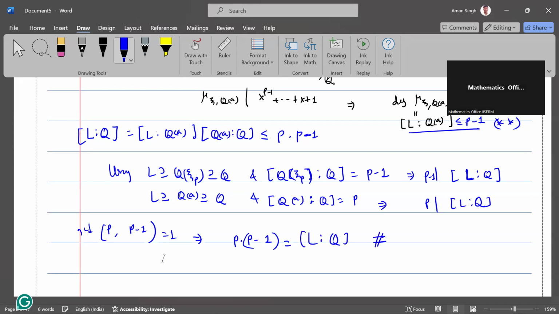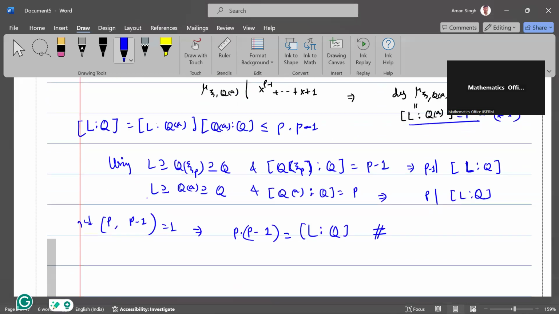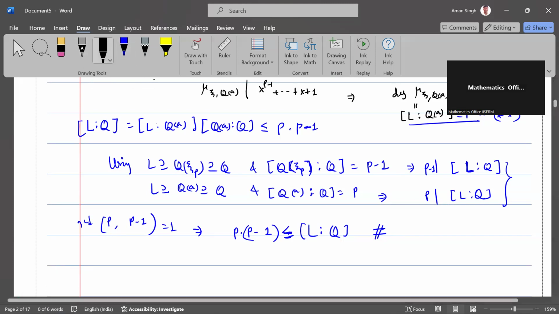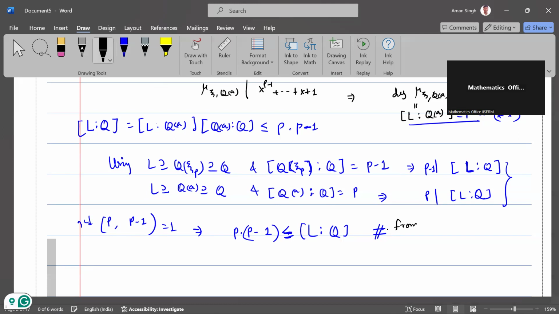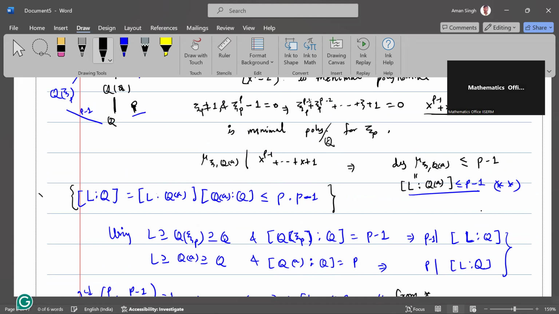So this is one calculation. How does it follow? These two will imply that it is less than or equal, and next from star and double star we get this.